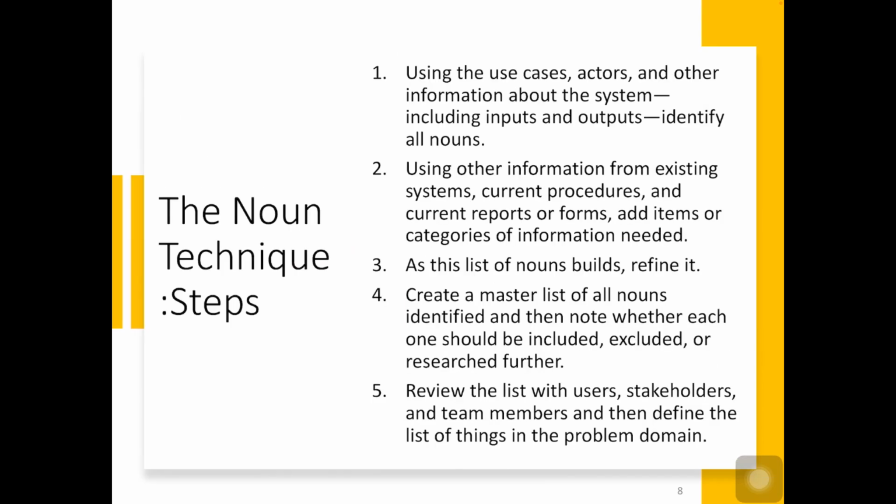These are the steps for the noun technique. First, by using the use cases, actors, and other information, including input and output, we identify all nouns. Let's say in our use case we have Generate Invoice.